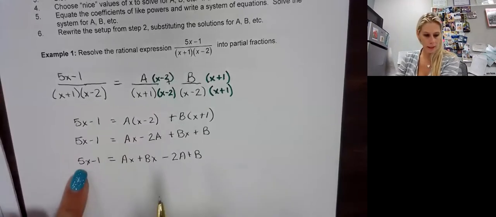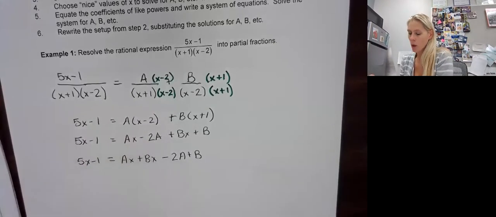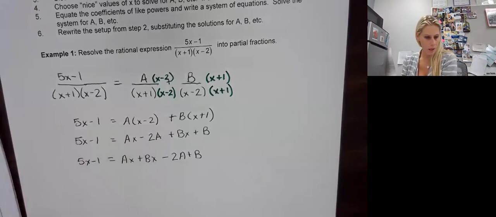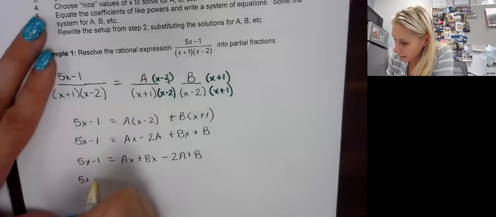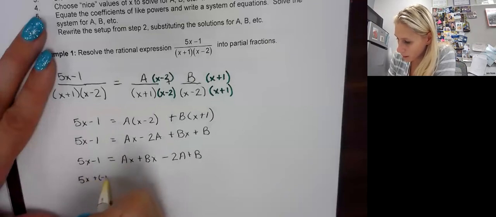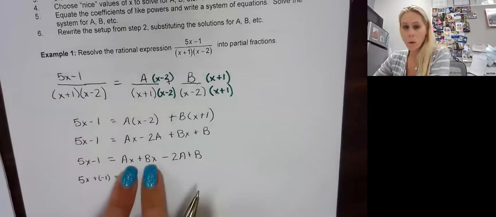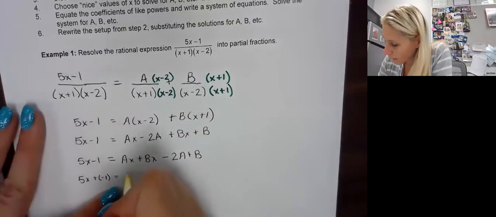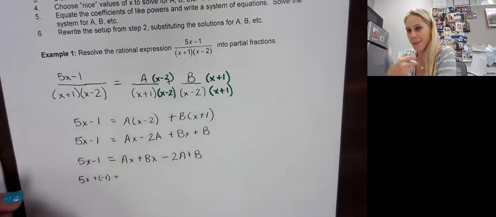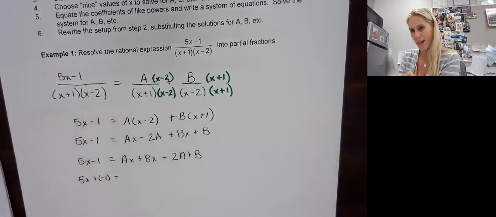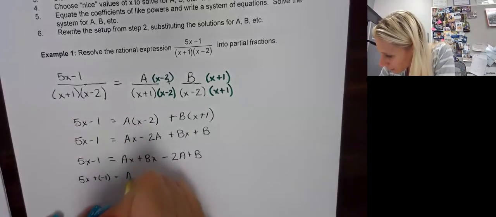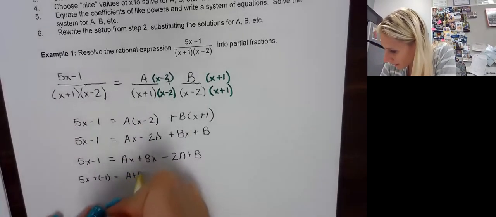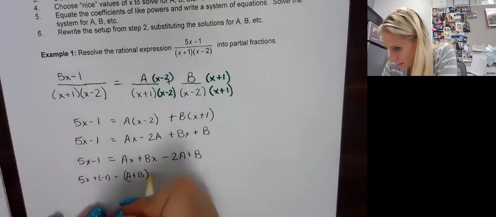Because if you look at this correctly, I'm going to make this all sort of an addition piece. Now I'm going to change this to addition, so 5x plus negative 1 equals. Here I'm going to factor out x, guys. And what's funny is in this term, I'm actually going to put the x in the back. Usually when we factor something out, we put it in the front. But I have a trick for you guys. So I'm going to have a plus b times x.